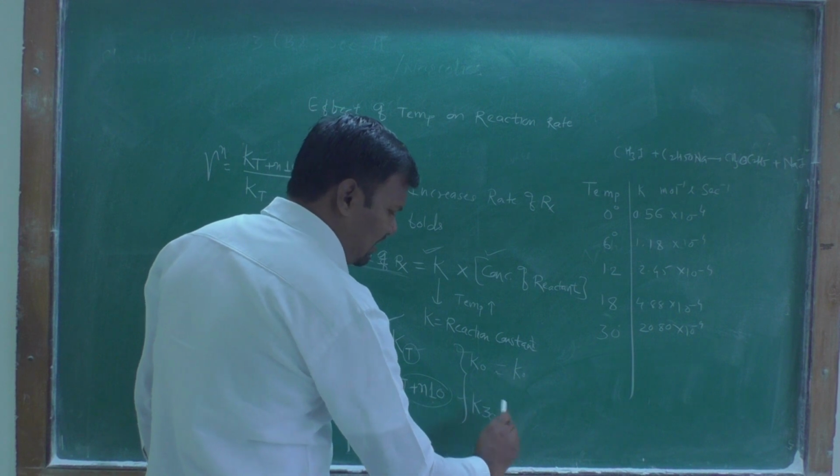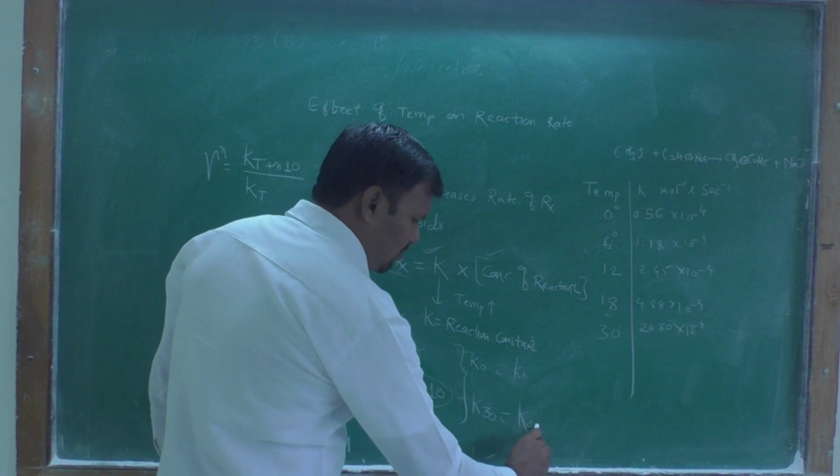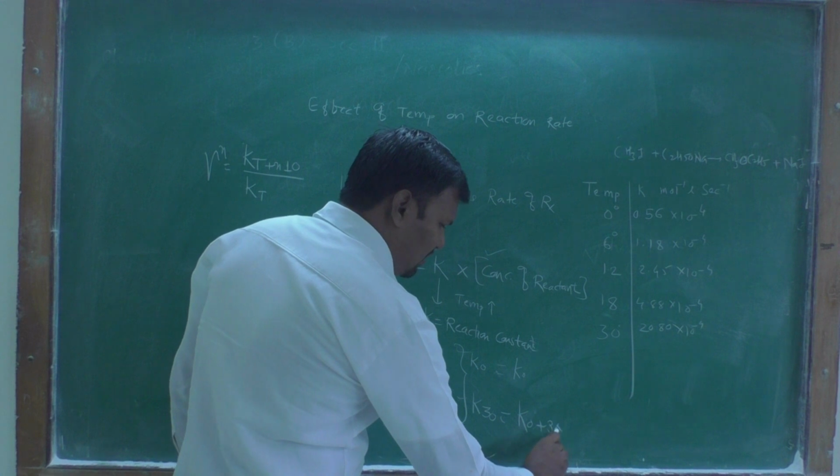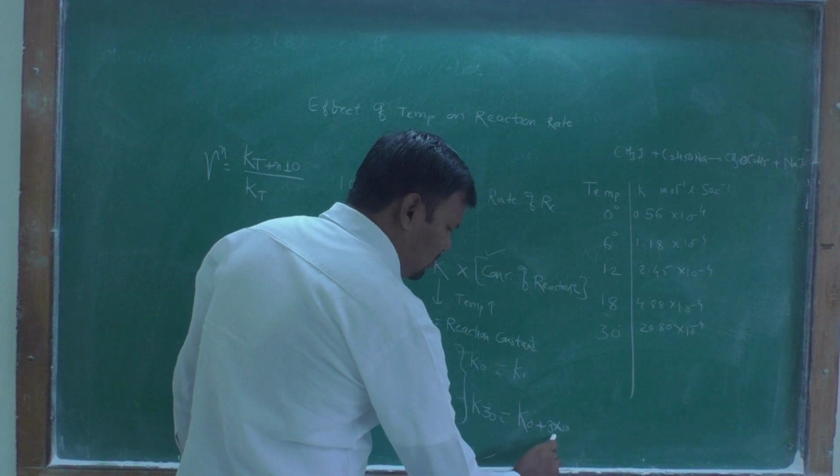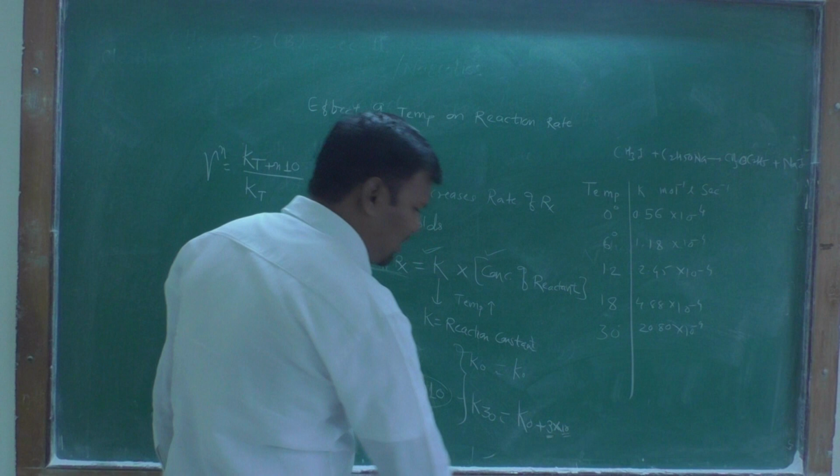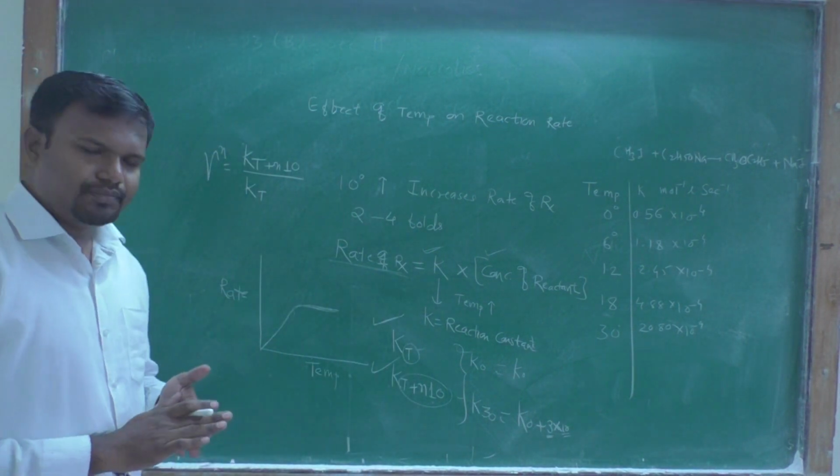You can represent it as 0 plus 3 into 10. In this case n is equal to 3, and you increased the temperature by 10 fold three times.